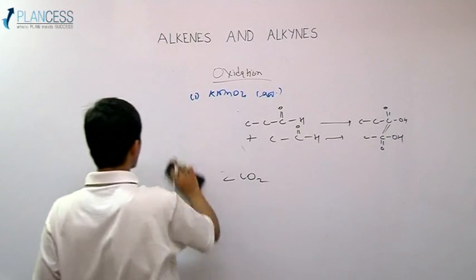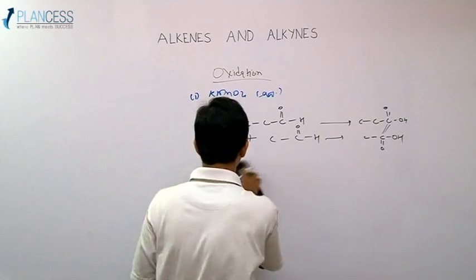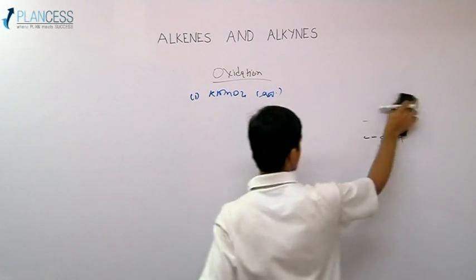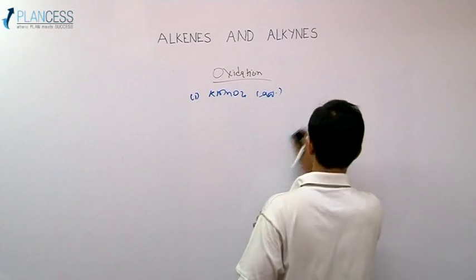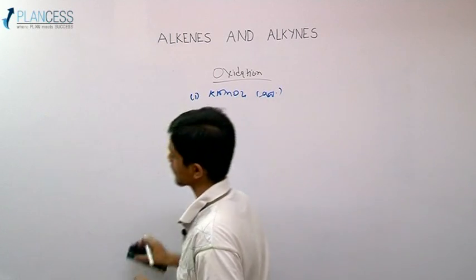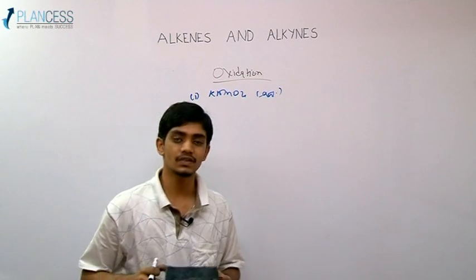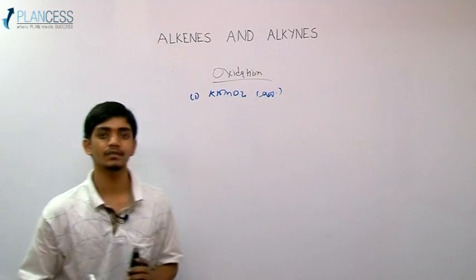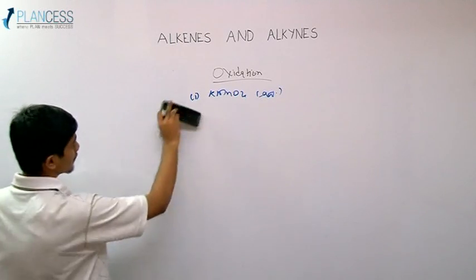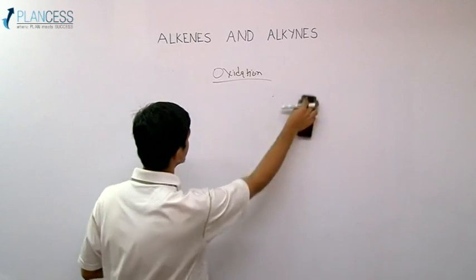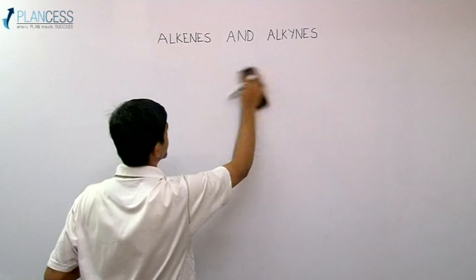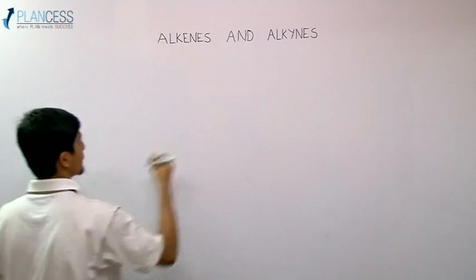Now let us go for ozonolysis. If you go for ozonolysis, what are the reagents first? That is very, very important. And in ozonolysis, one important intermediate forms, that is called ozonoid. That has a typical structure. We will see it just now.